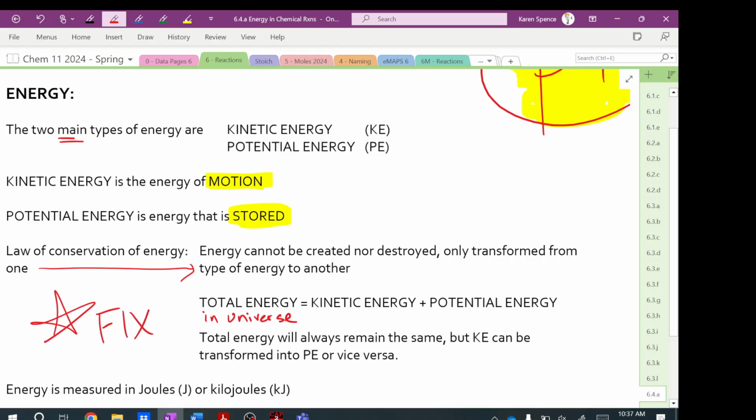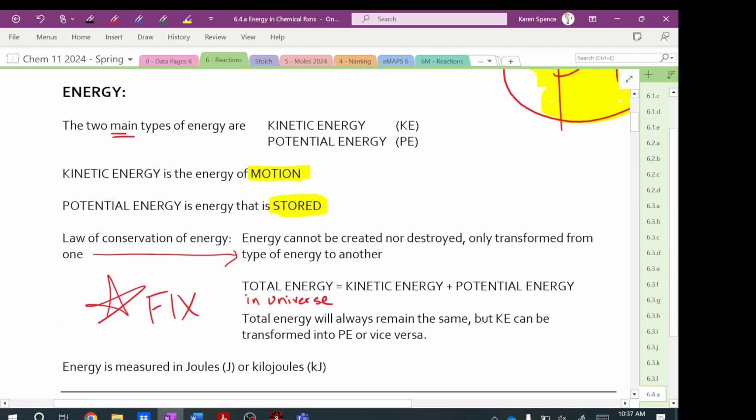The total energy remains the same, but the kinetic energy can become transformed into potential energy or vice versa. You can also have energy transferred from one place to another. So the energy in one section can be lessened, but that's only by taking some of it and putting it somewhere else. The total energy of the universe stays the same. Does that make sense?